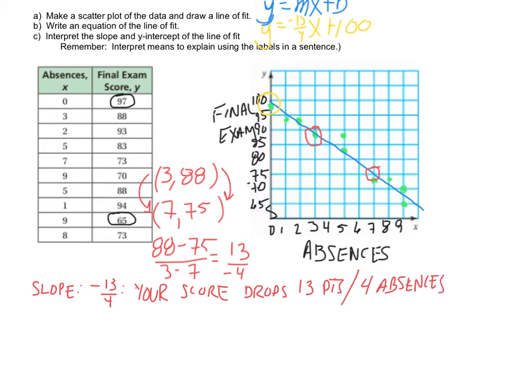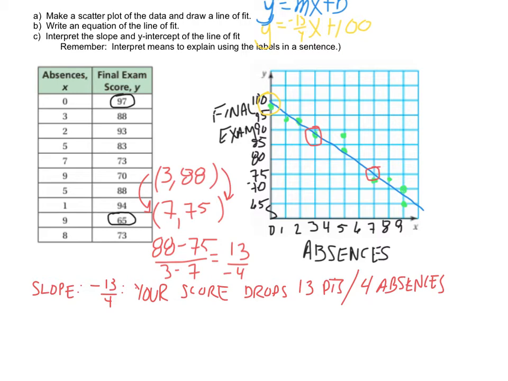That would be a way to describe and interpret negative 13/4. You also could go a little bit further and you could say this is approximately 3 points per absence. So you can go to 1 absence, or you can go to 13 points out of every 4.